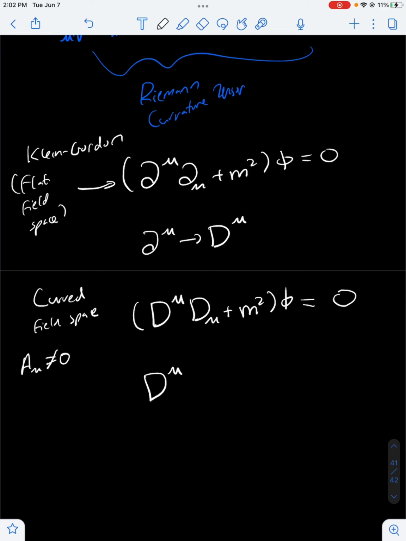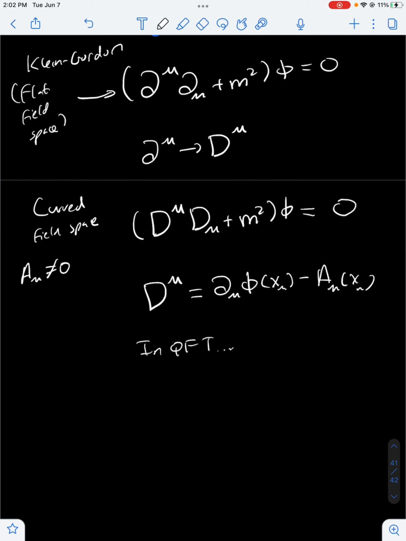Now, in quantum field theory, we slightly changed the meaning of big D. So we found that big D was equal to partial mu phi minus a mu x mu. But in quantum field theory, we define big D as being partial mu minus i e a mu x mu.